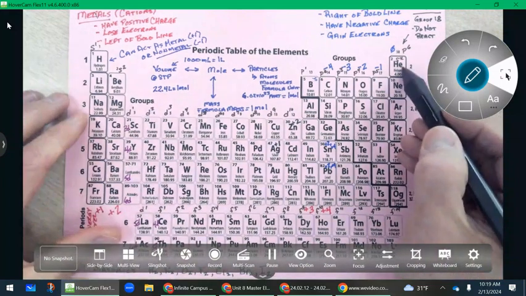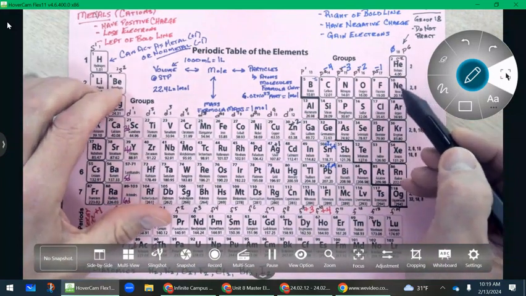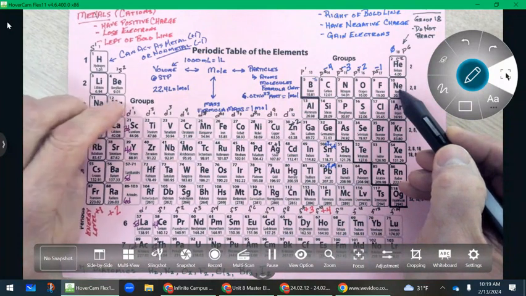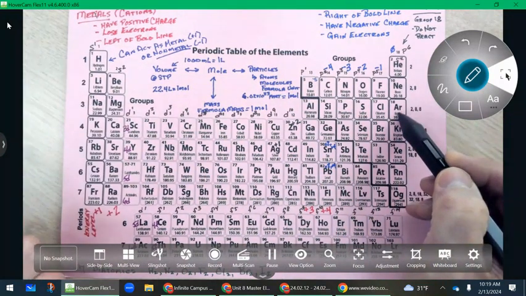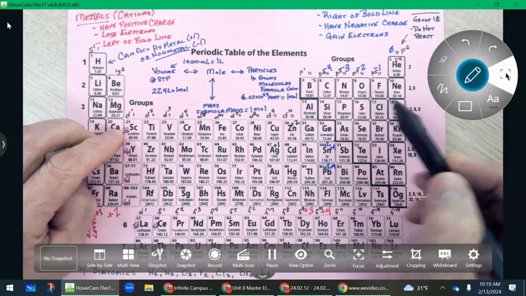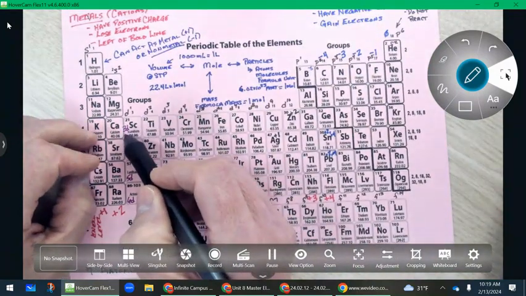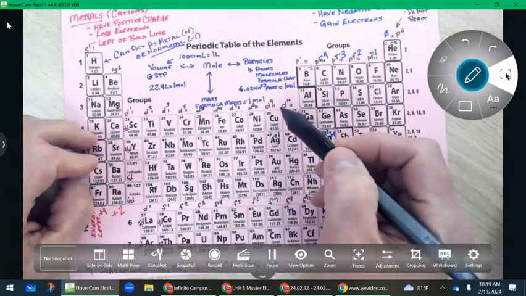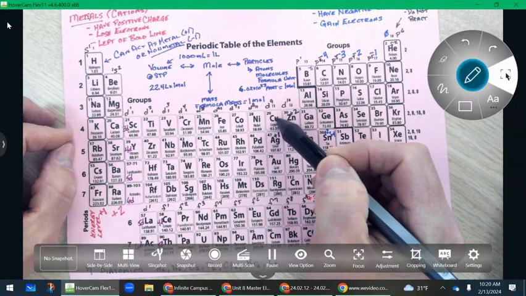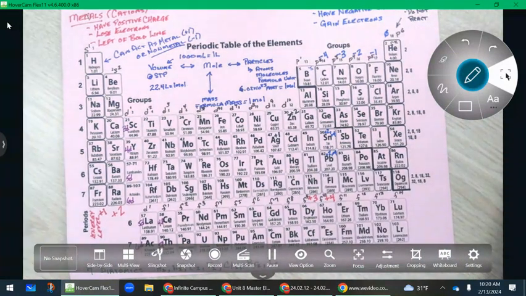So, 1s2, 2s2, 2p6, 3s2, 3p6, 4s2, then you missed the d here, Phoebe. 3d9. That is electron configurations, ladies and gentlemen. Okay? That is electron configurations.